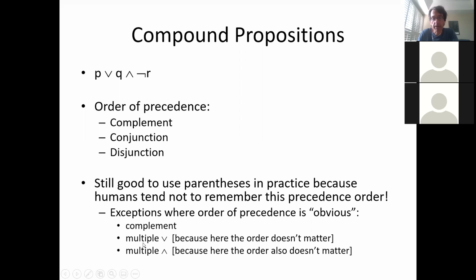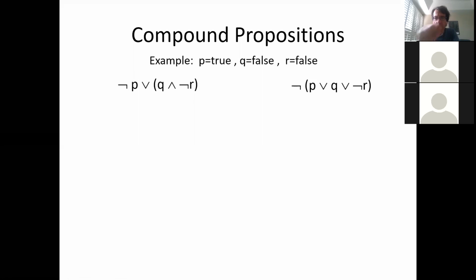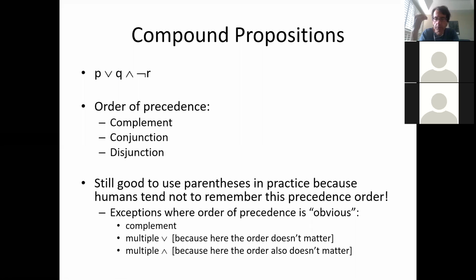Also, if you have multiple disjunctions or multiple compound conjunctions, don't write parentheses, because everybody knows that the order doesn't matter. So there's basically two things. You don't want this to be too cluttered, because if it's super cluttered, people cannot parse it. But at the same time, it has to suffice so that people can parse it correctly.